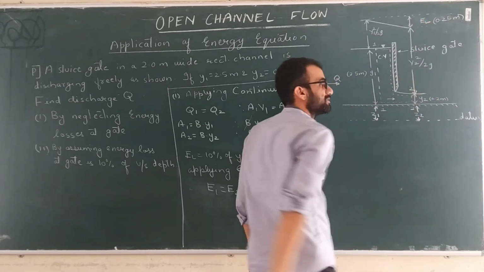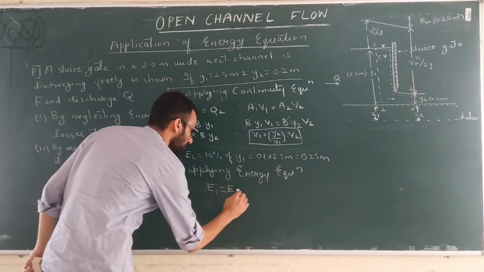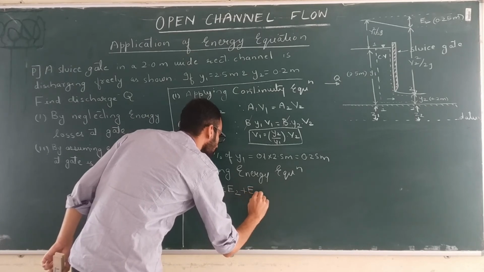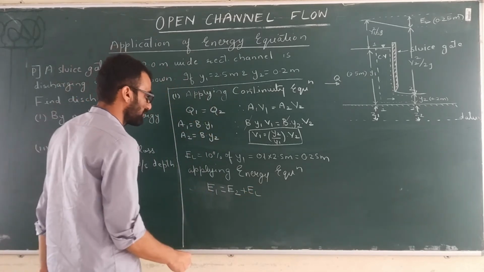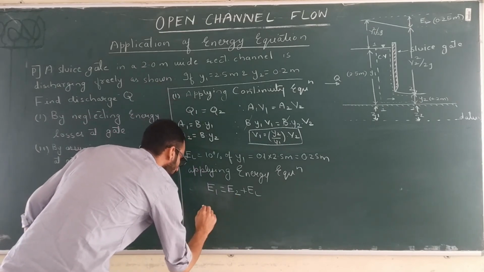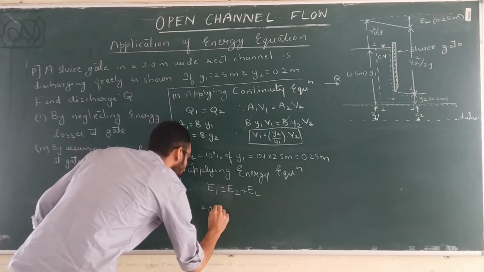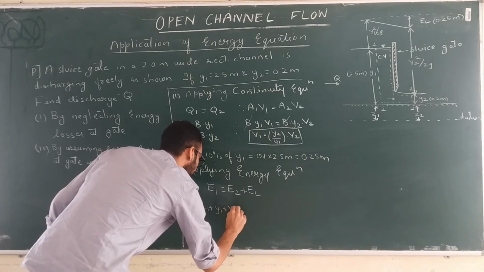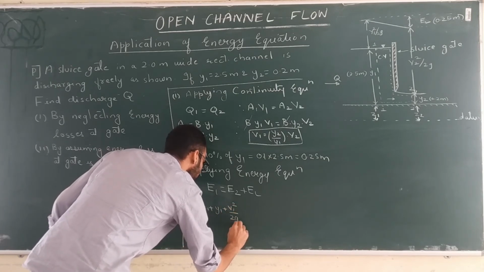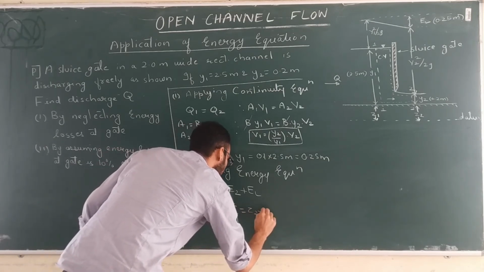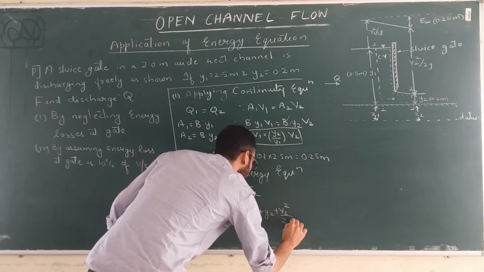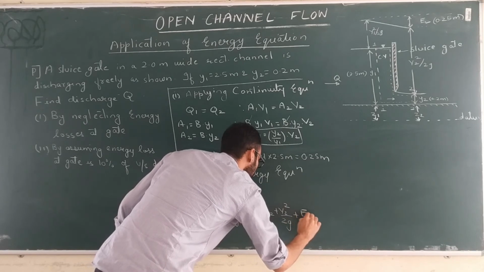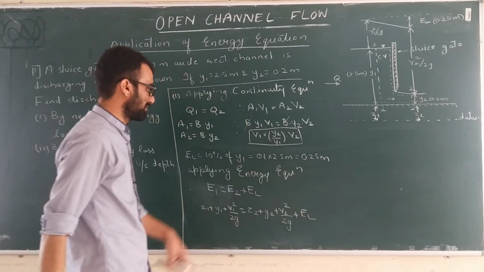Therefore, we also have to consider the energy loss, so E1 equals E2 plus EL. You can also call that HL, which will be more proper, but it's all right. Therefore, Z1 plus Y1 plus V1 square by 2G equals Z2 plus Y2 plus V2 square by 2G plus EL. So that we have to consider in this case.